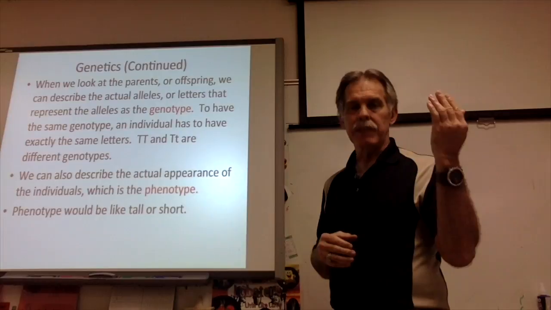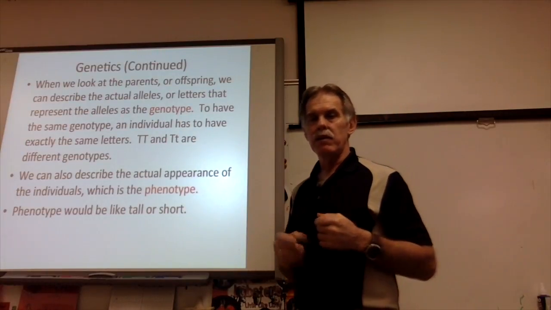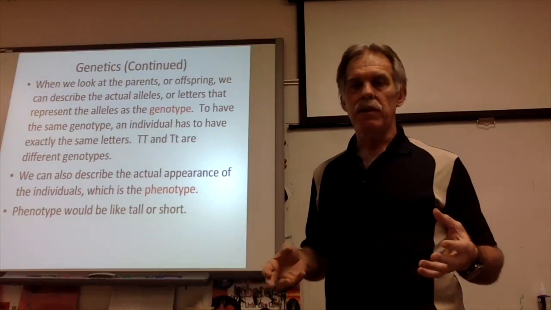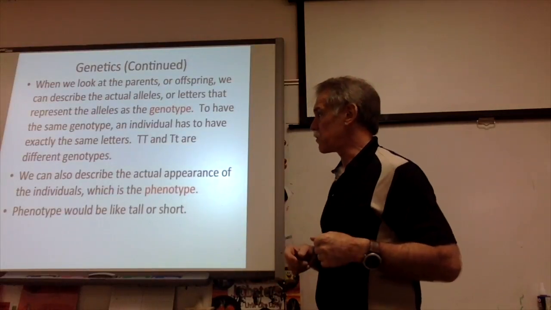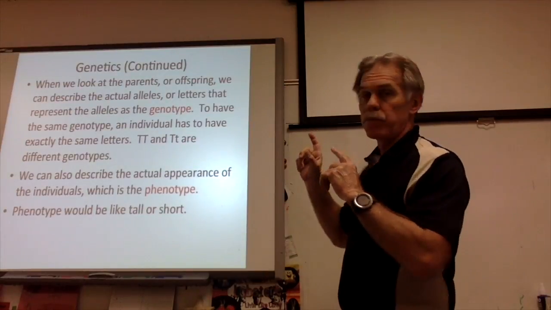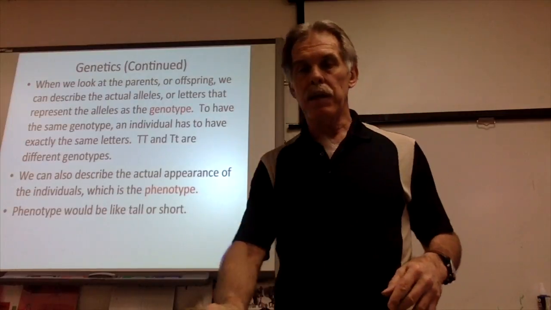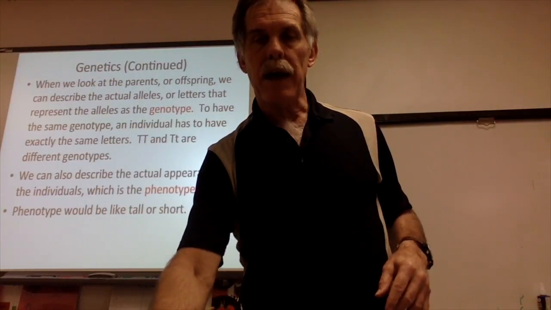Tall plant is dominant, short plant is recessive, and it is a simple dominance trait, or complete dominance trait, that we're going to talk about. So again, genotype would be the actual letters. Phenotype would be what they look like after.